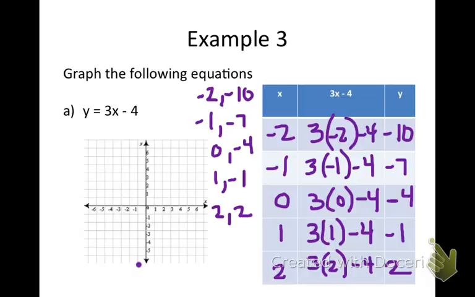And that barely made it on there. 0, -4. 1, -1. 2, 2. Okay? And then draw your straight line with your straight edge.